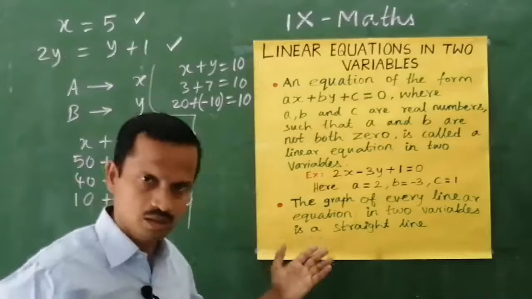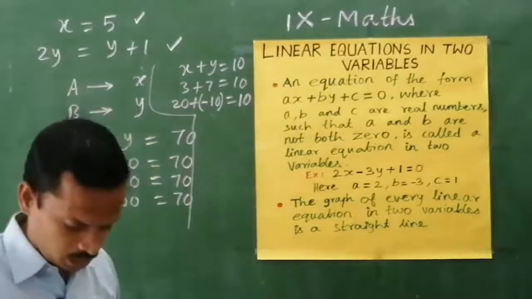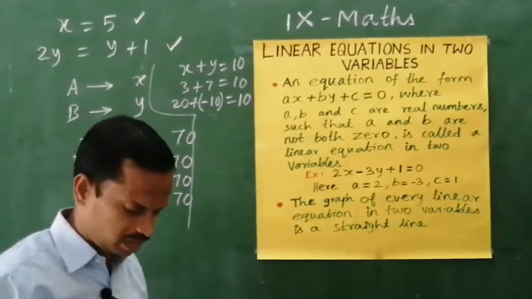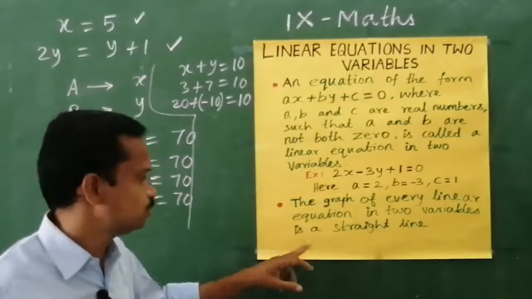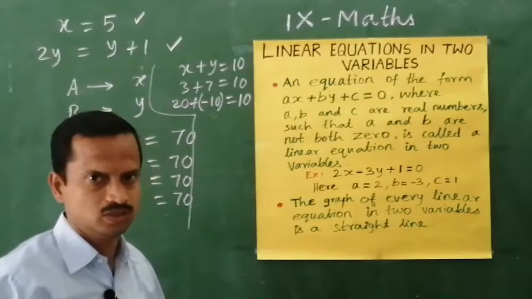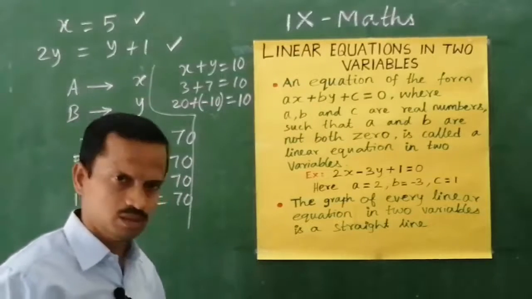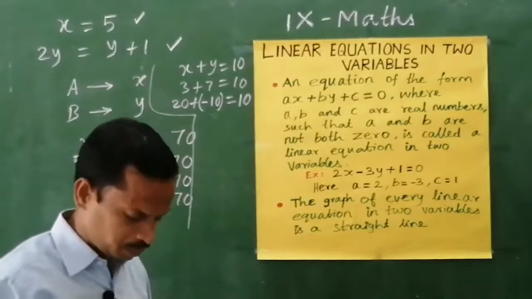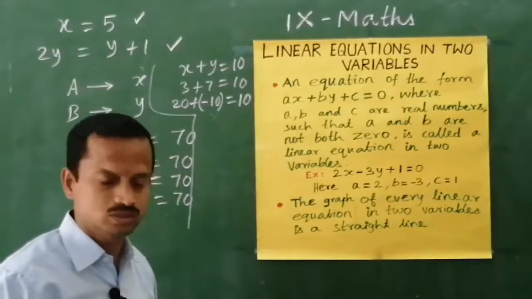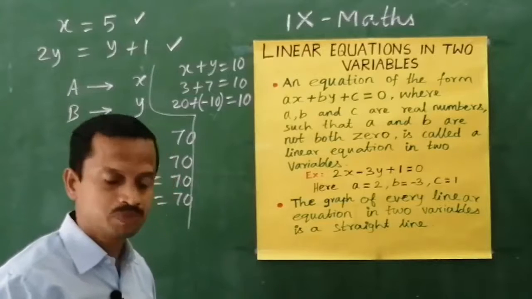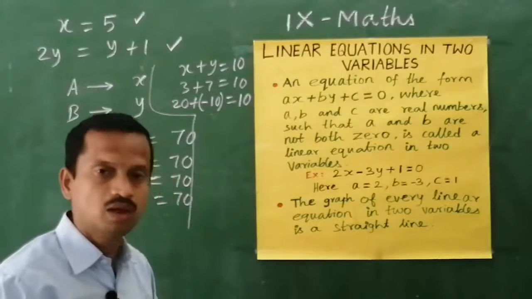So, that I have already explained here, and then the graph of every linear equation in two variables is a straight line. I already told you it is nothing but a linear equation in two variables representing a straight line only. And point number 4, x equals 0 is the equation of the y axis and y equals 0 is the equation of the x axis.